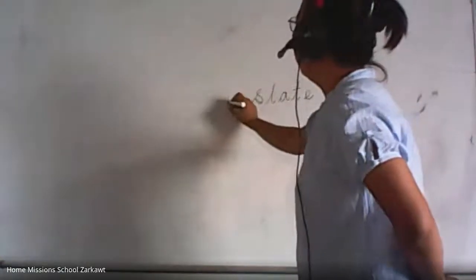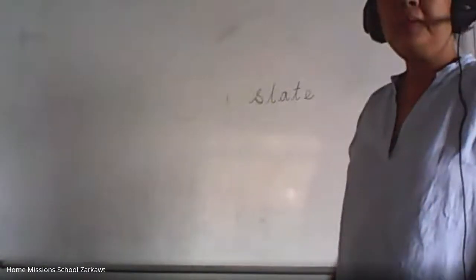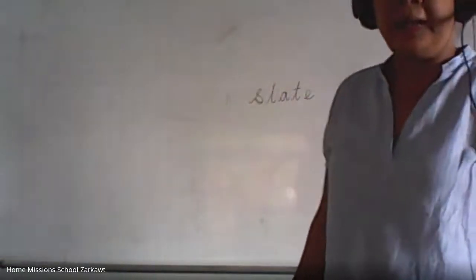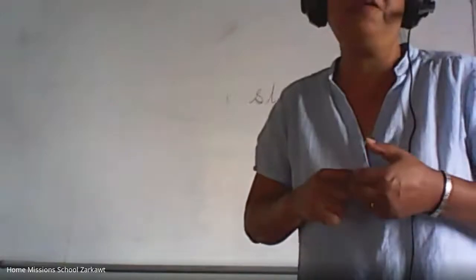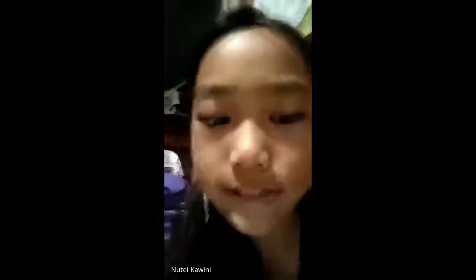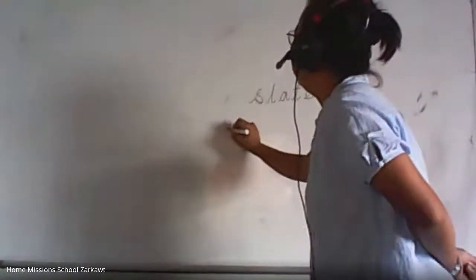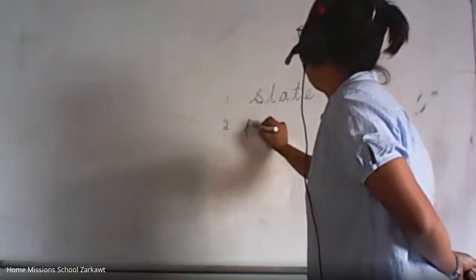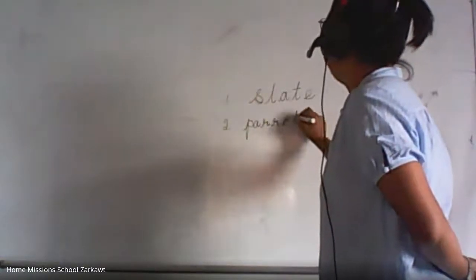S-L-A-T-E. Number 1, slate. Okay, can you see this? And the second one, can anyone tell me? If you're going to answer, then turn on your microphone. P-A-R. What is number 2? Very good. Very clever students. Number 2 is P-A-R-R-O-T, parrot.